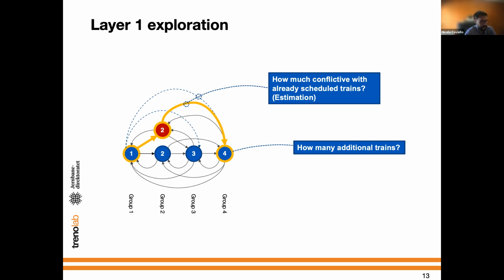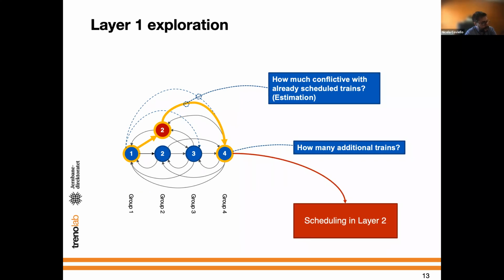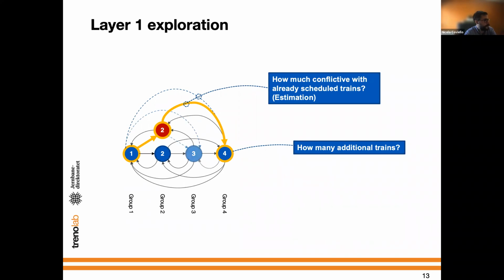And so the choosing of the next node proceeds in a stochastic way. As soon as a certain train group is chosen for scheduling, it is scheduled in layer 2, which we will see soon.